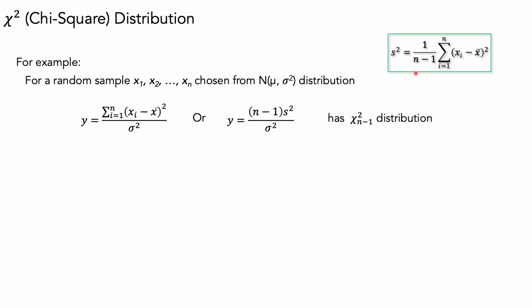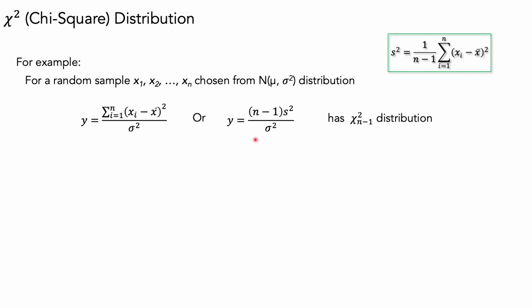So from here we can rearrange the terms to find the value of this, because this one is exactly the same as this one, right? So we put that value of n minus 1 times s square divided by sigma square.